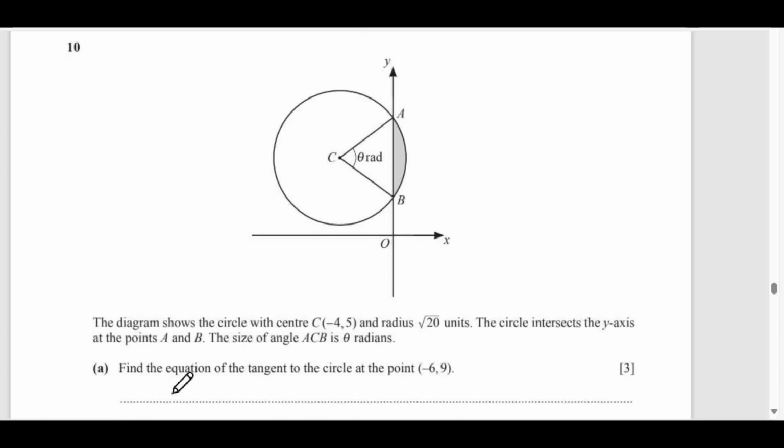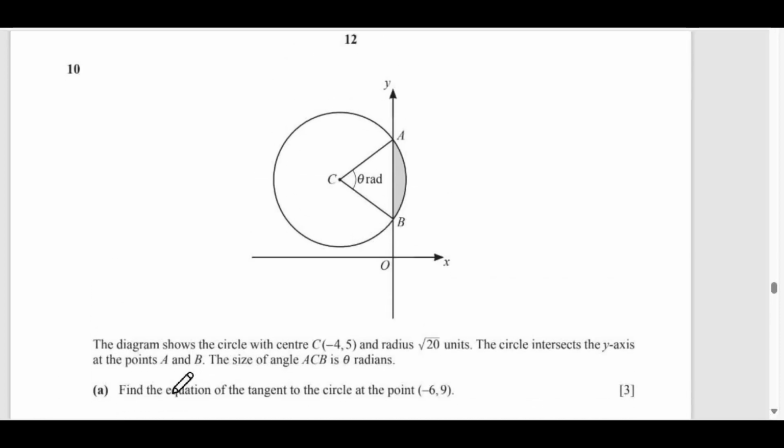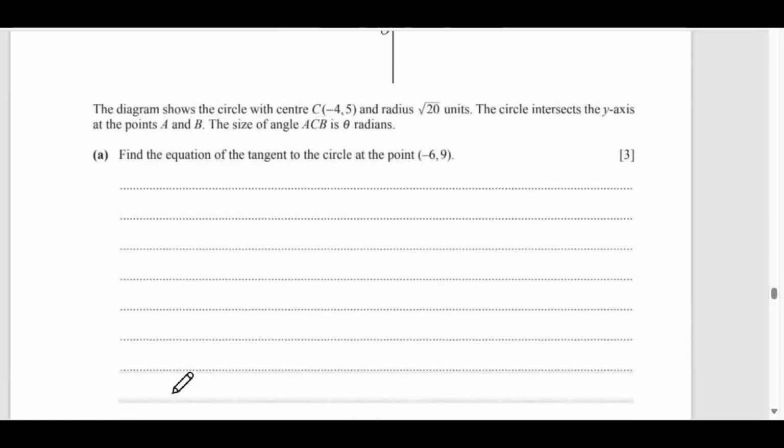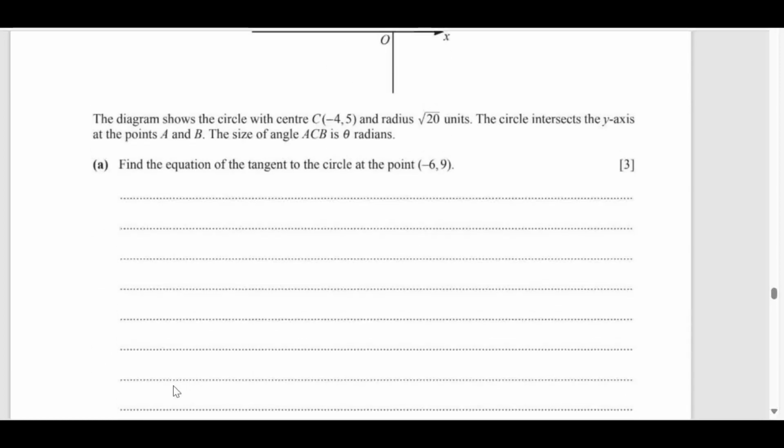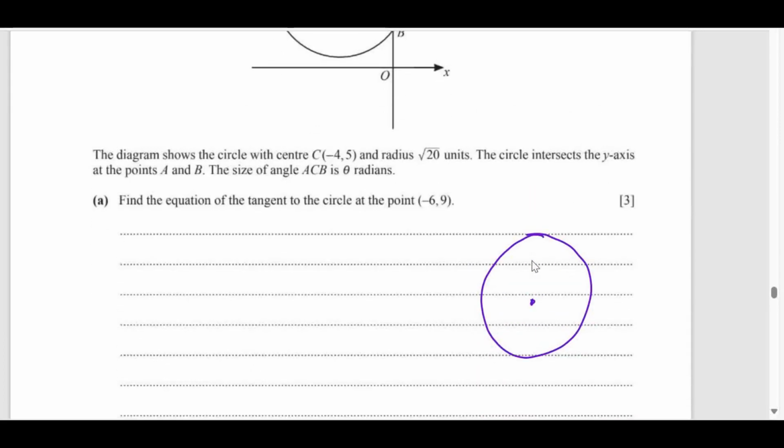we can see that, let's say there is a point. In this question we have a very clear understanding that we have a circle and the center point is (-4, 5), and then this will be the point (-6, 9). We need to find the equation of the tangent at this point.